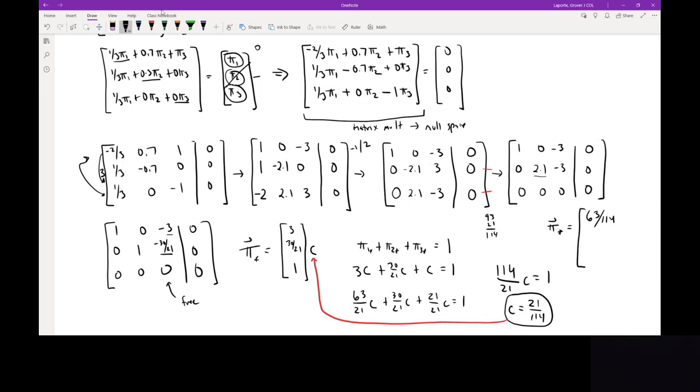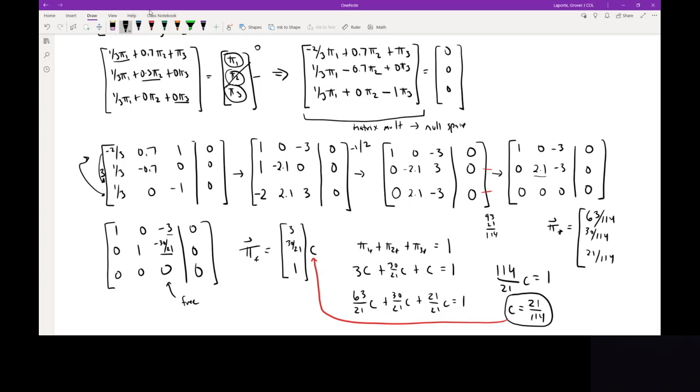I'm gonna have to multiply that sucker out. So it'd be 30 over 21 times, oh, okay, never mind. Look at that, it cancels out for me. So it would be 30 over 21 times 21, so it would be 30 over 114. And the last one would be 21 over 114. And hopefully 63, 93, yes.